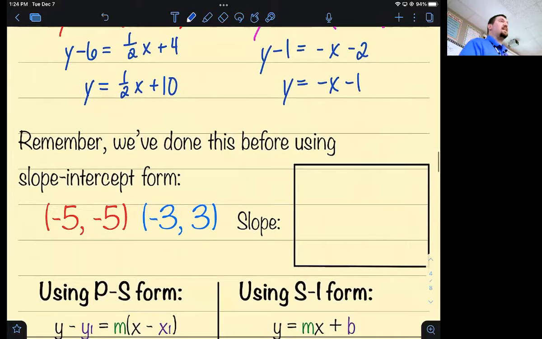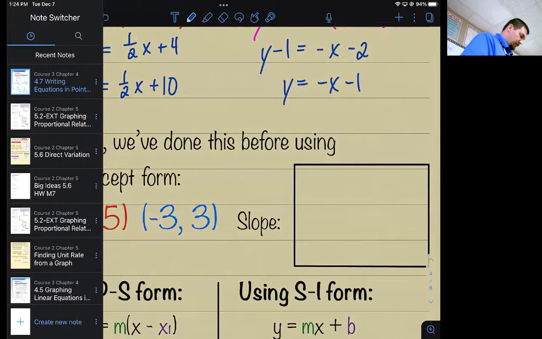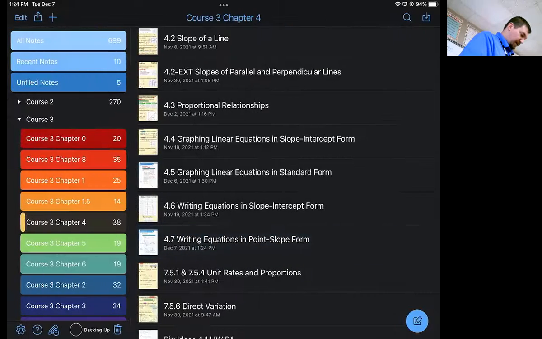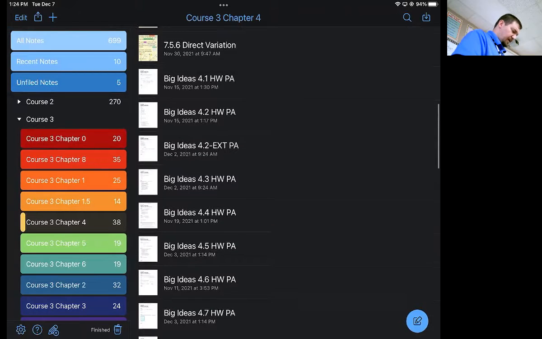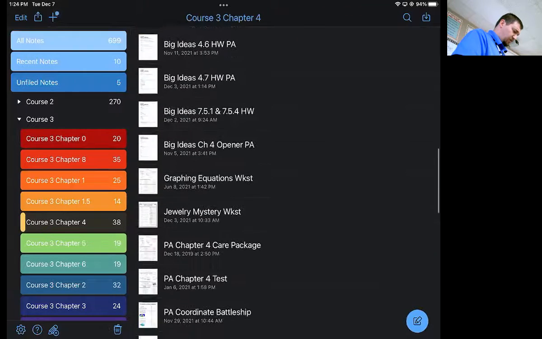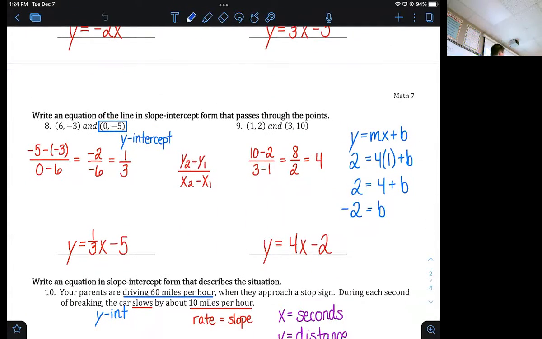Now, what I was getting to when I said this seems awfully familiar is we've done this before. In fact, the quiz that you took, quiz 8, I believe, had you do this.